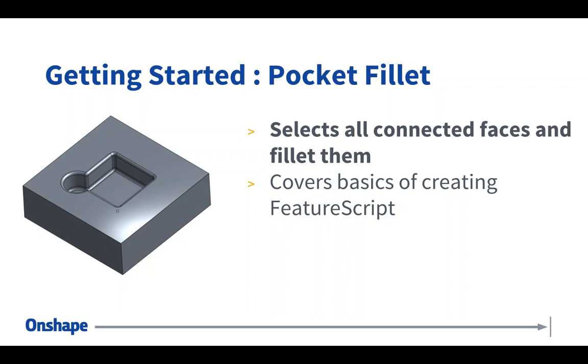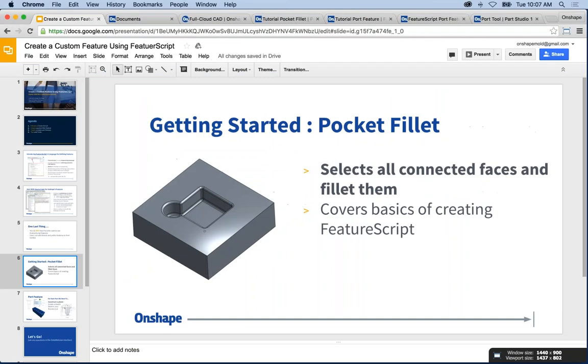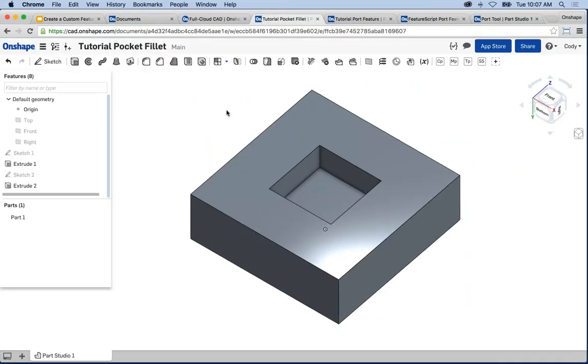So the neat thing is it allows you to select all the connected faces very easily and fillet them, and it covers kind of the basics of creating a simple FeatureScript feature. All right, now I do have one more example. We're going to jump back to that in just a bit, but let's get into the actual pocket fillet.